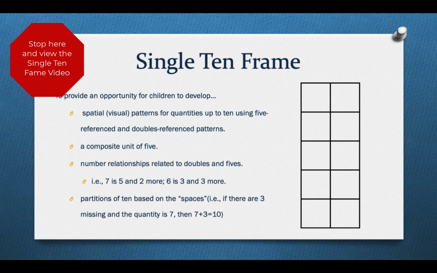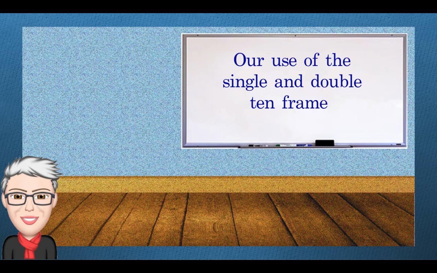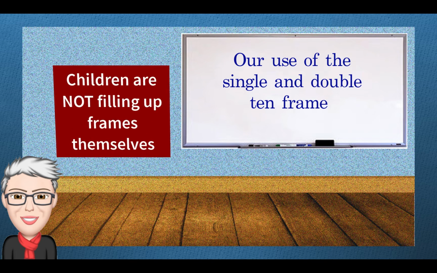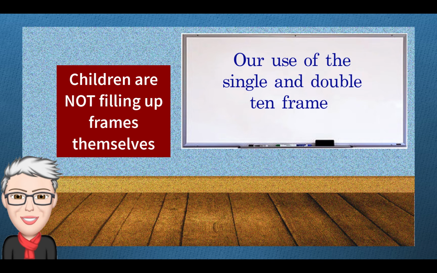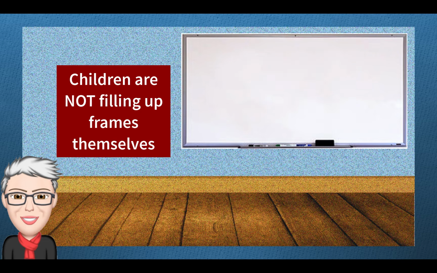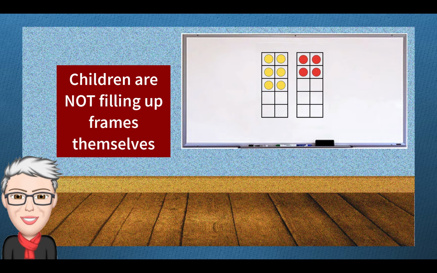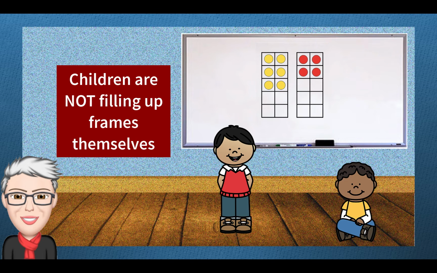Significantly, our use of the single 10 frame and also the double 10 frame does not involve having children fill up frames with chips themselves, but rather involves activities in which children see and use frames that already have chips or dots filled in. In fact, children do not even have frames to use at all. This is deliberate.